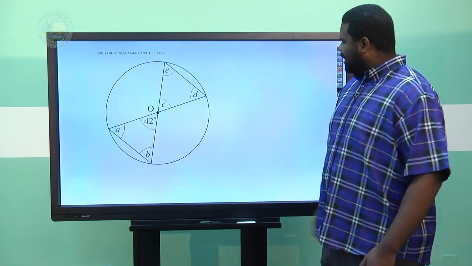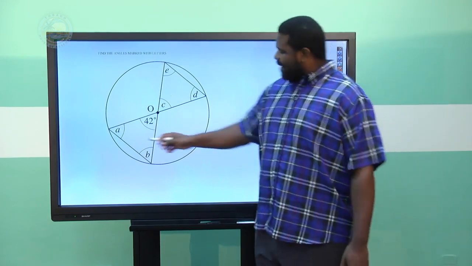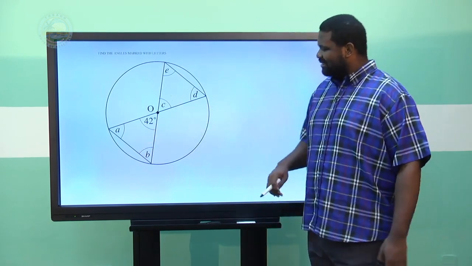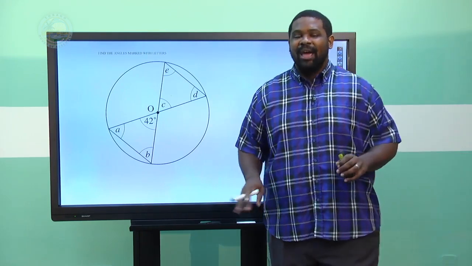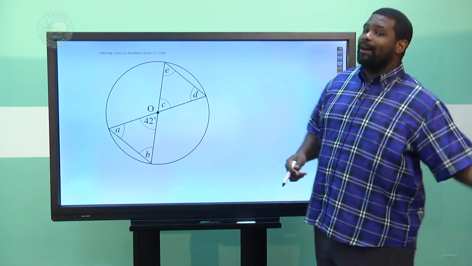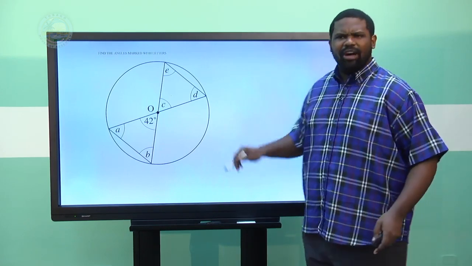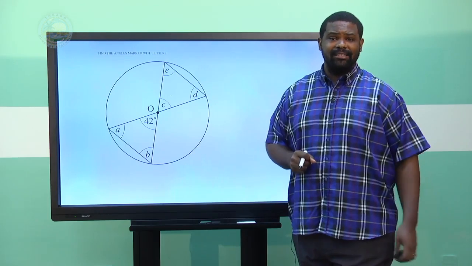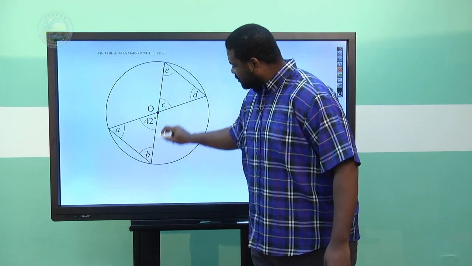Ooh, here we have one that looks like fun. So we're asked to find all of these missing angles. Now, there are so many ways to solve this. Let's use one of the rules we remembered from the last slide and see if we can apply this to make our solutions much faster. Well, here we have a line.